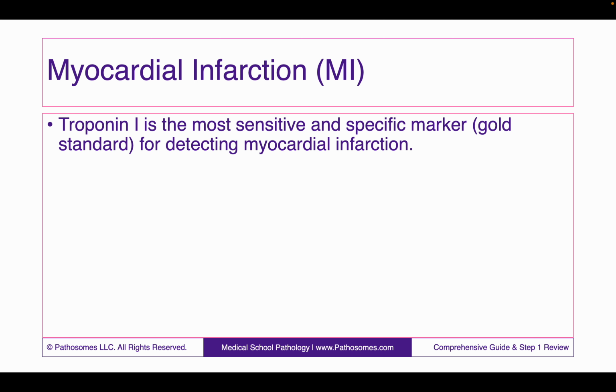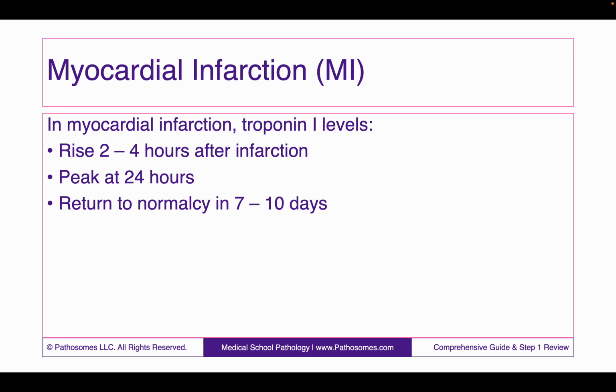Troponin I is the most sensitive and specific marker for detecting myocardial infarction. It's the gold standard. And regarding troponin I levels in a myocardial infarction, they rise typically 2 to 4 hours after an infarction and peak at 24 hours and return to normalcy in about a week to 10 days.